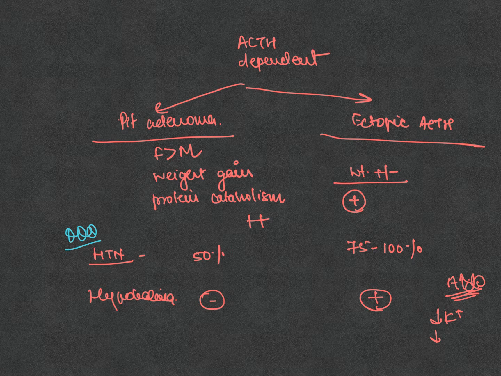Along with that, hydrogen excretion is going to go up. So it is going to cause metabolic alkalosis and hypokalemic hypertension. So this is a cause of hypokalemic hypertension, ectopic ACTH. Okay.